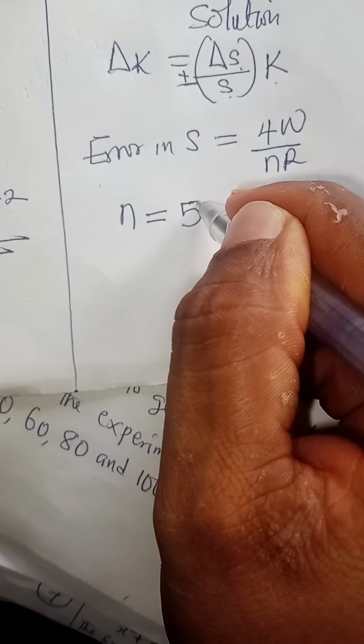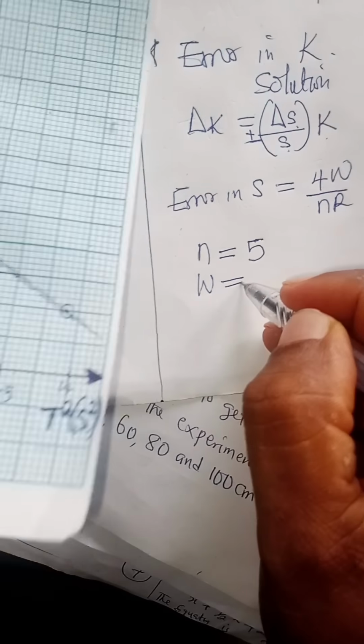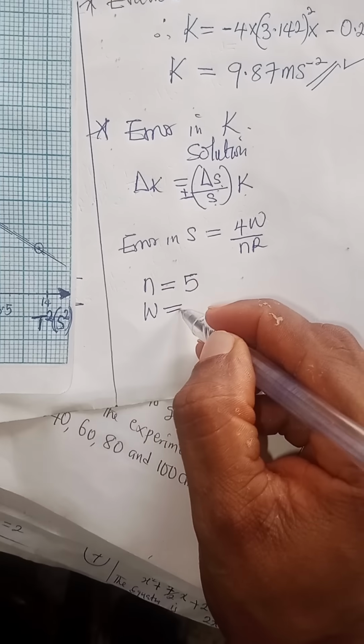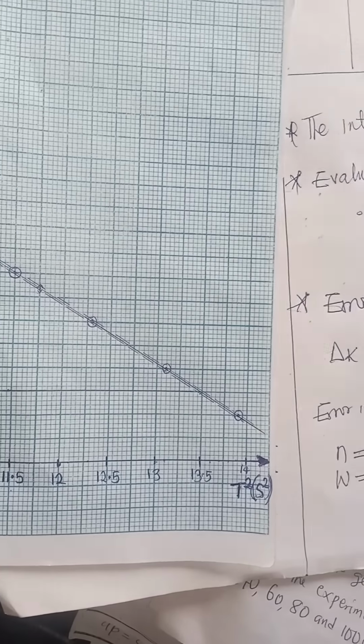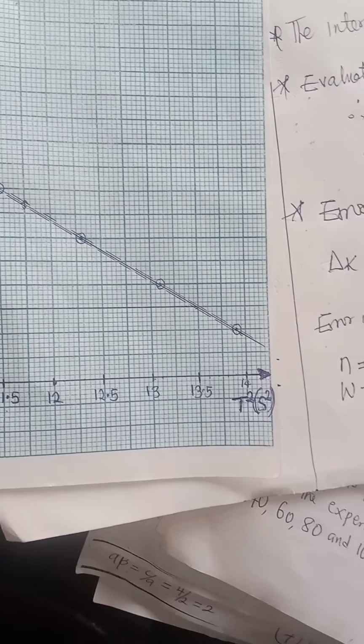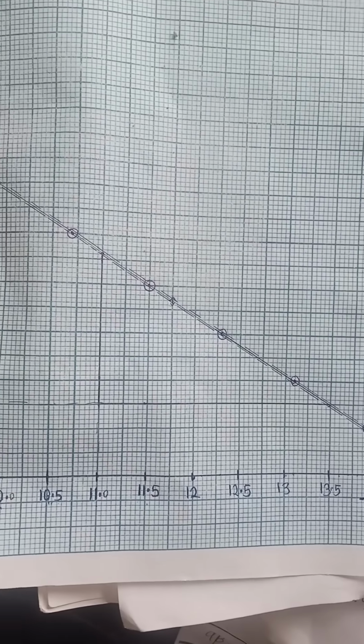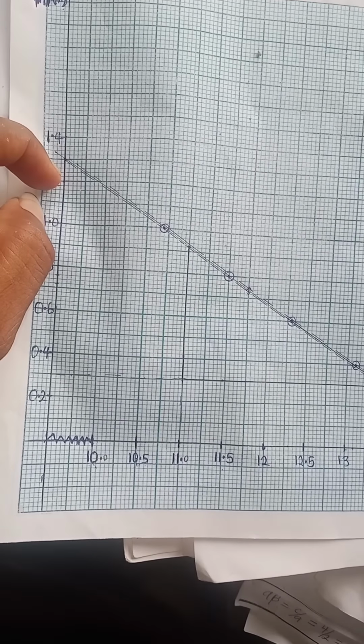And then what is my W? My W, if you check this particular graph, look at this graph very well. You see where I did the small thing?